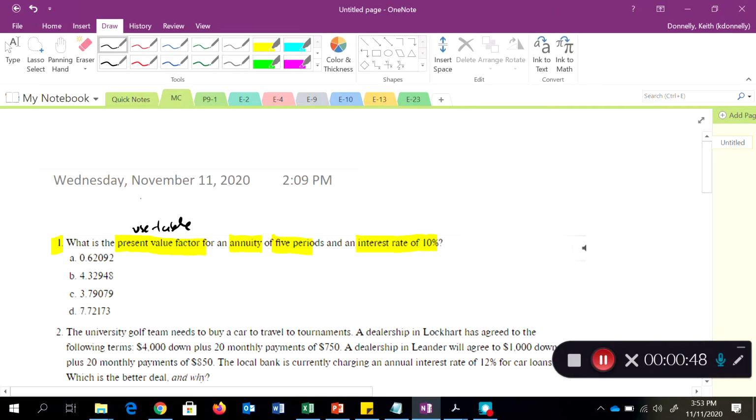So we know when we're looking at this that it's an annuity, a stream of payments for the same amount. The number of periods is 5, and the interest rate is 10%.